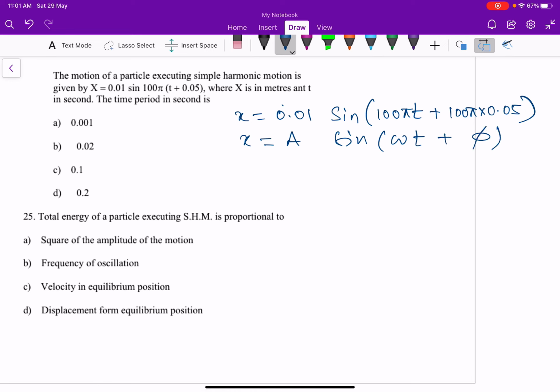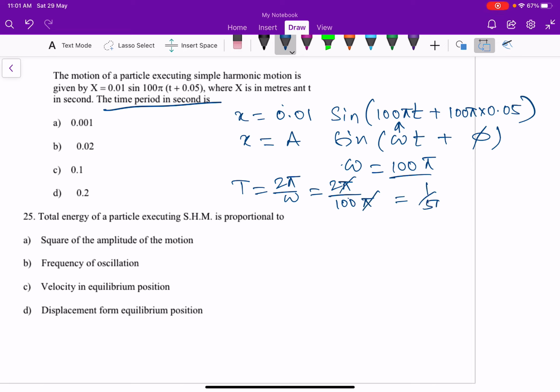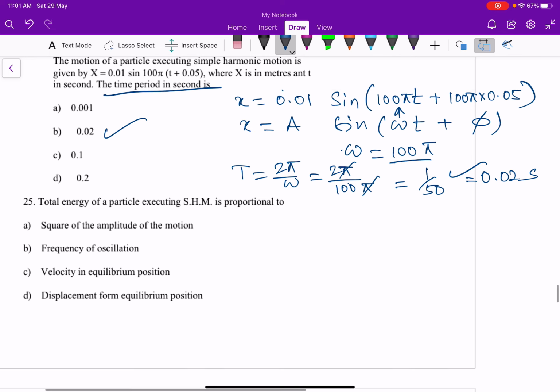So here omega value is equal to 100 pi. Therefore time period is equal to 2 pi by omega, that is 2 pi by 100 pi. Pi and pi cancel. 1 by 50 is the correct answer. 1 by 50 is nothing but 0.02 seconds.